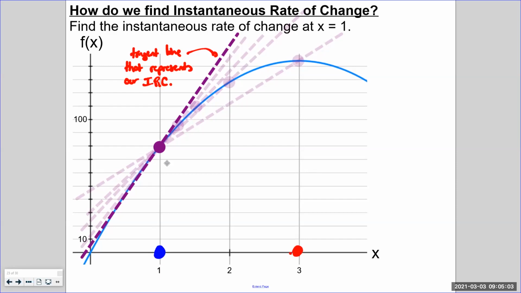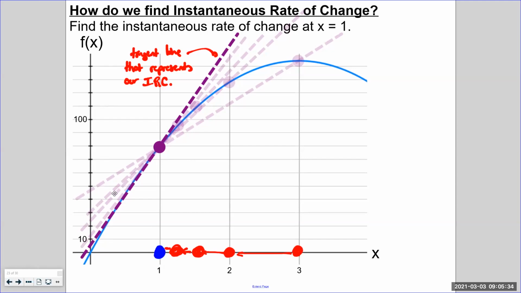So after 3, we moved our second point to 2. And then we moved it to about 1.5. And then we moved it again to maybe 1.25. And then we kept moving that second x value closer and closer and closer to 1. So that's kind of what we did here to create those secant lines.